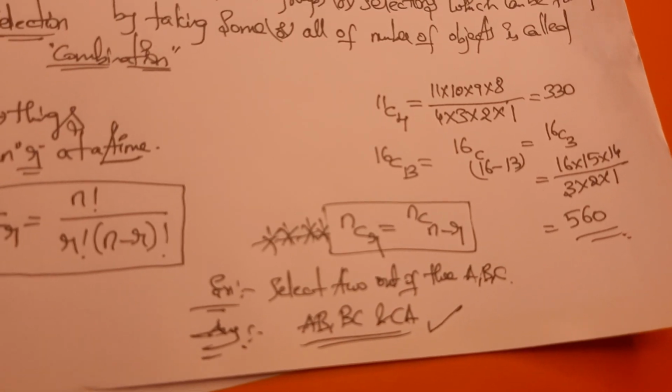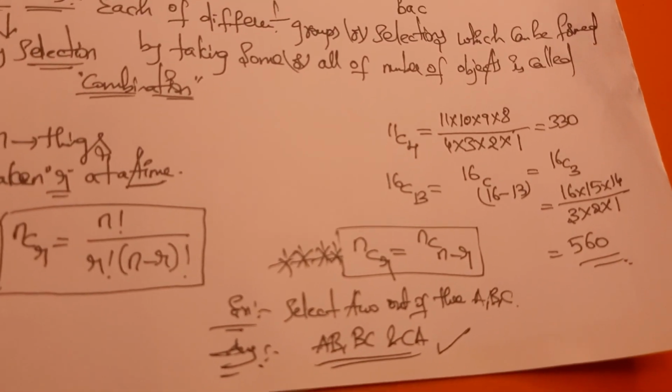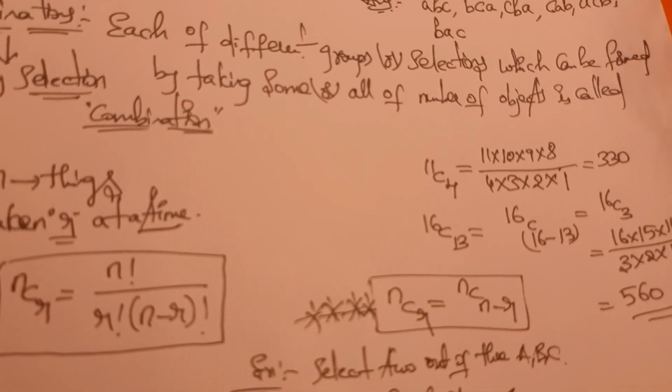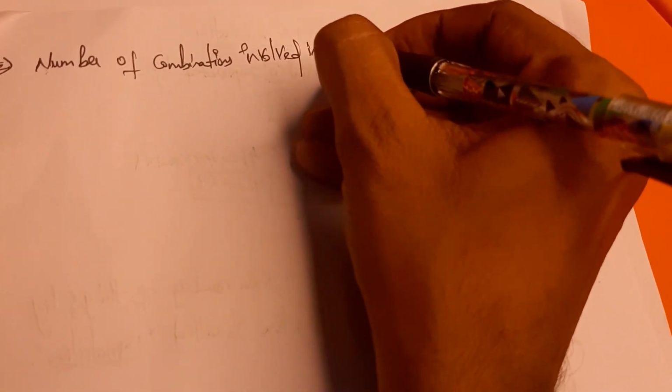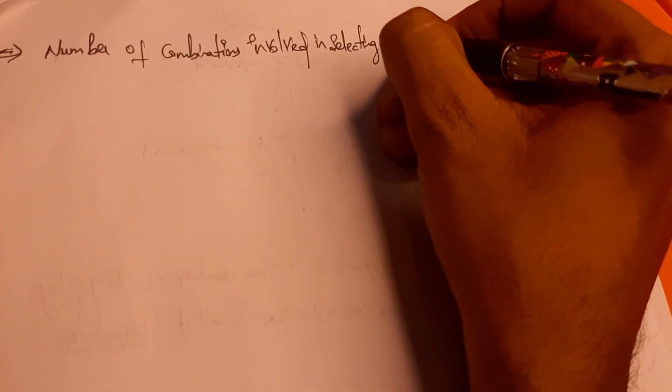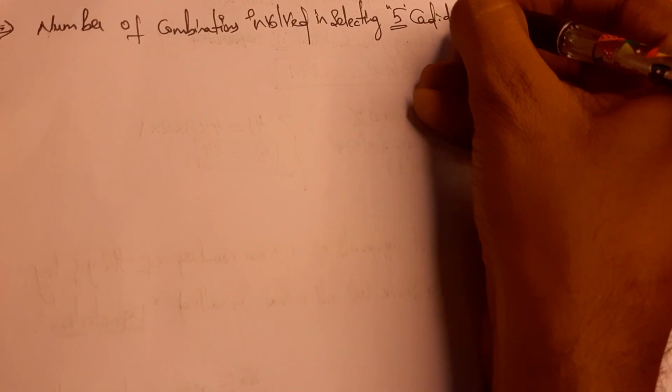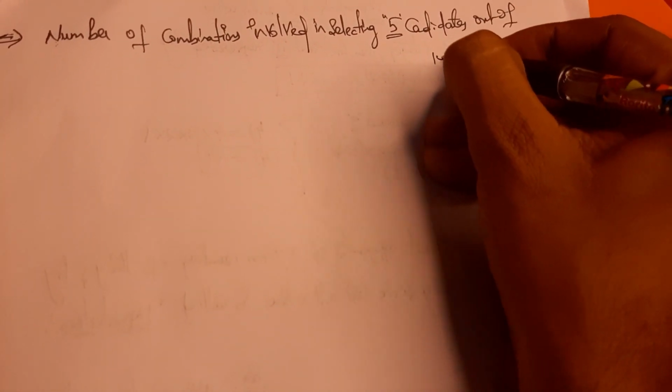Okay, let's try to solve some problems based on permutations and combinations. Very simple problem solving. The first question: the number of combinations involved in selecting 5 candidates out of 10 candidates.